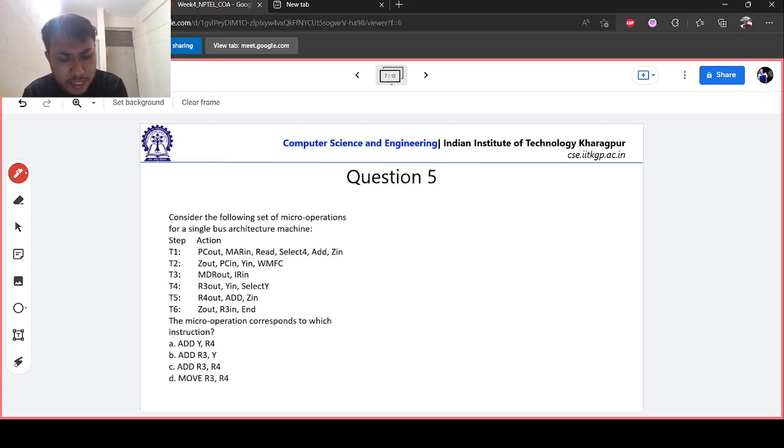The second step is incrementing the program counter, that is Z out, PC in, Y in, WMFC. T3 is loading the instruction into the IR from MDR. MDR is the memory data register, so the value of MDR is stored in IR in.